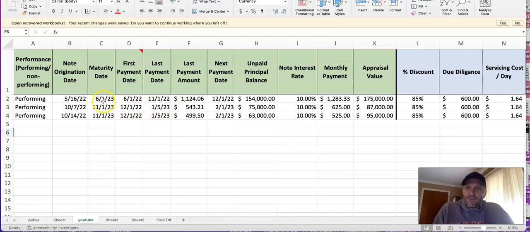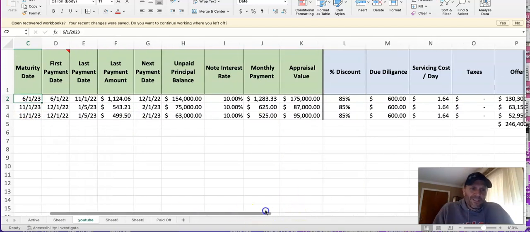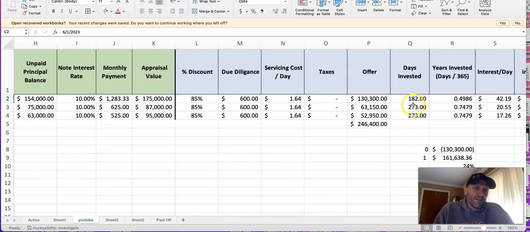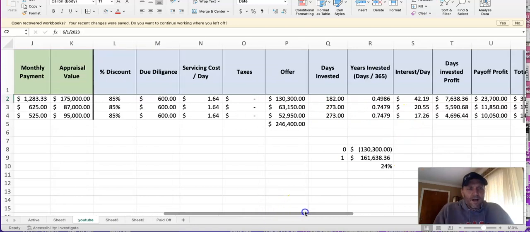So you'll see that the maturity date is 2023 this year. This one is in June, and this one is in November. So what I did was I just took the date difference between the two. And so that's how I come up with a date difference of 182 for the first one, 273 for the second one, and 273 for the third one.